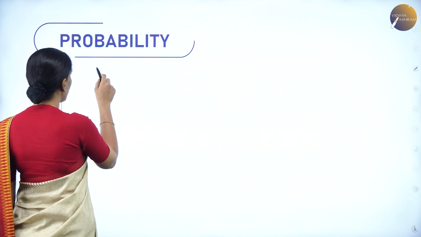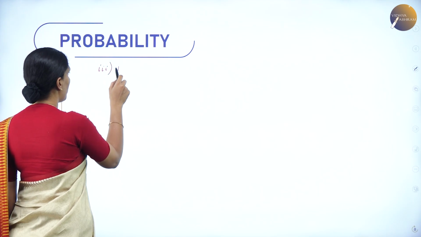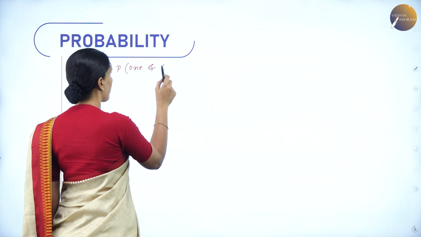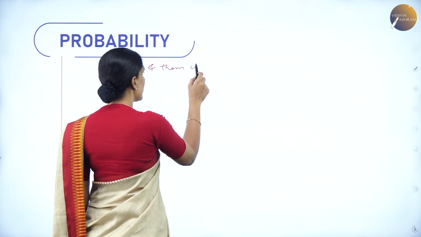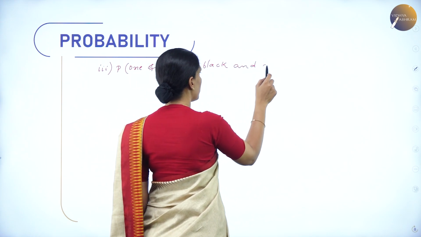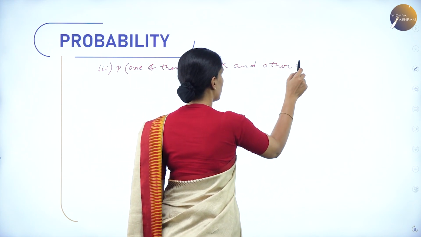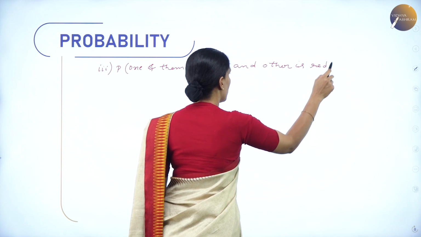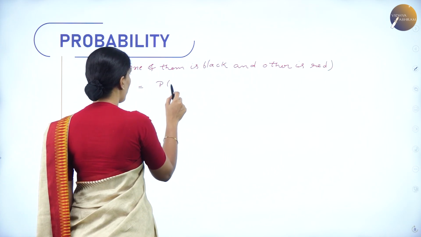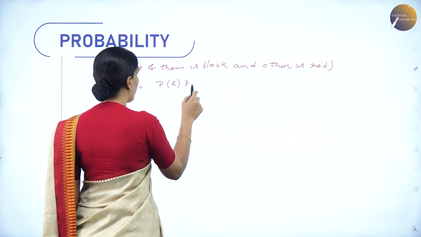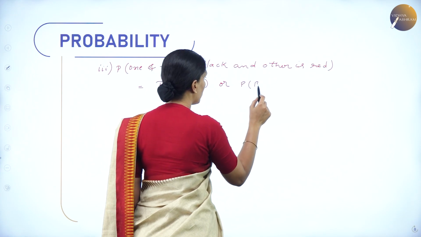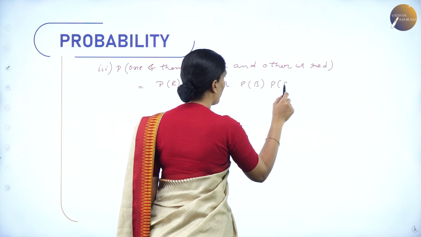So for the third case, probability that one of them is black and the other is red. This can happen in such a way that it may be the probability of red and then probability of black, or probability of black and then probability of red.